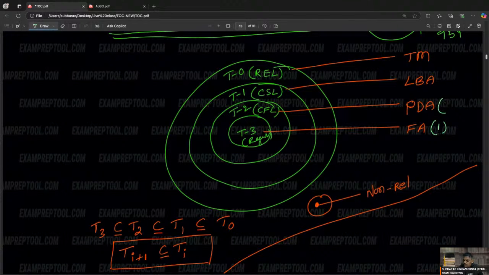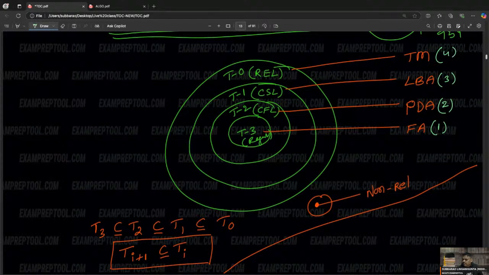PDA is bigger than finite automata, so its expressive power is 2. CSL, that means LBA, linear bounded automata, is bigger than the previous two, so its expressive power is 3. Turing machine is the biggest among all, and its expressive power is 4.